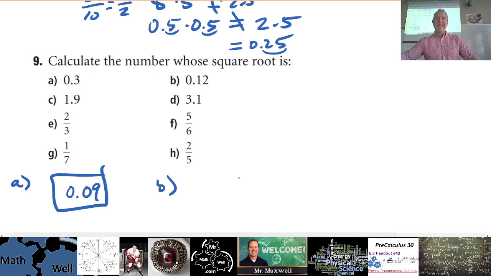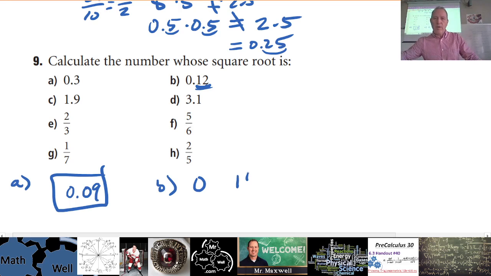All right, B. Now 12 is not a perfect square, but again, this is the square root. So all we have to do is square 0.12. So what do we get? 12 squared is 144. So I need to have how many decimal places when I square this one? I've got 2 decimal places there. So when I square it, I should have 4 decimal places.